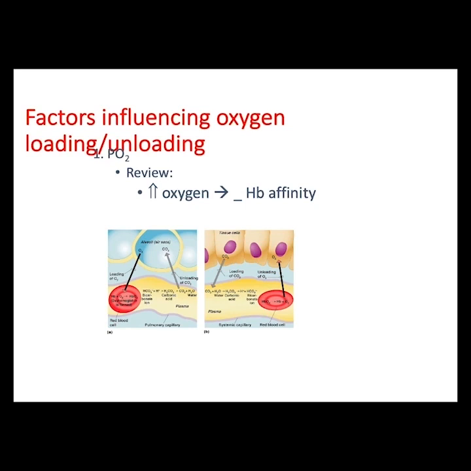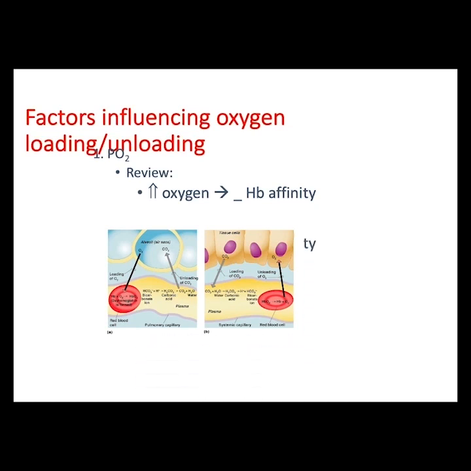The partial pressure of oxygen is high in the pulmonary capillaries, moving into the pulmonary veins. And since the partial pressure is high for oxygen, that means you have more oxygen molecules available to bind. Each time an oxygen molecule binds to the hemoglobin, the affinity of the hemoglobin for the next oxygen molecule increases. And so you are going to have close to 100% saturation at the lungs of the heme with the oxygen molecules.